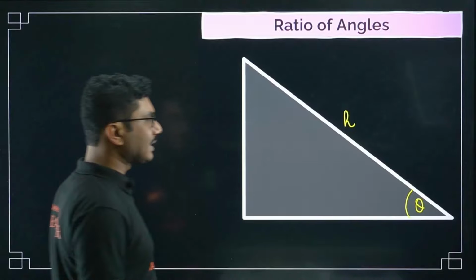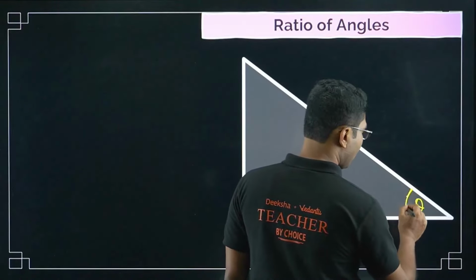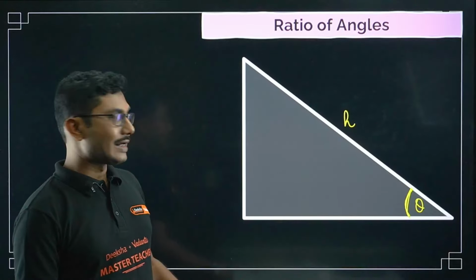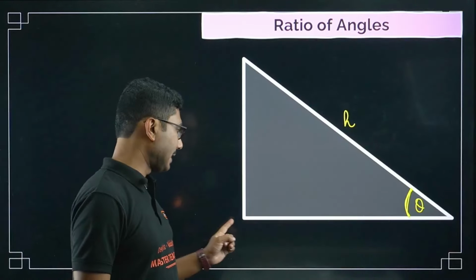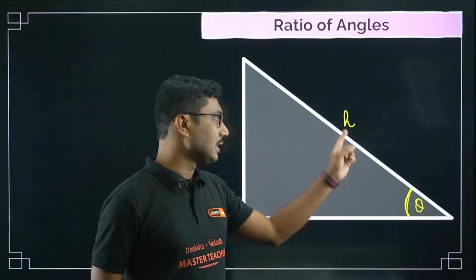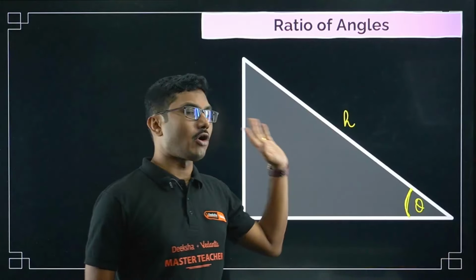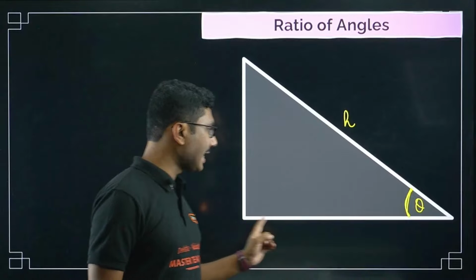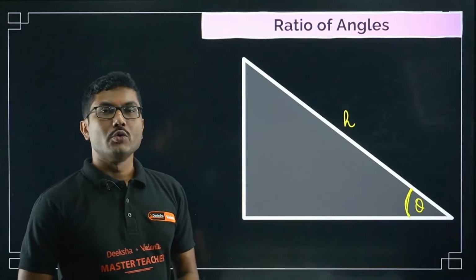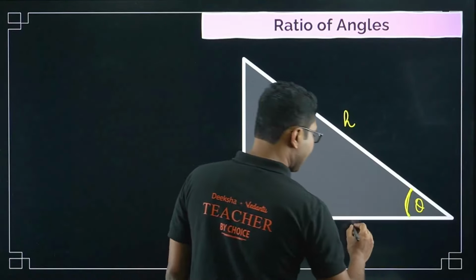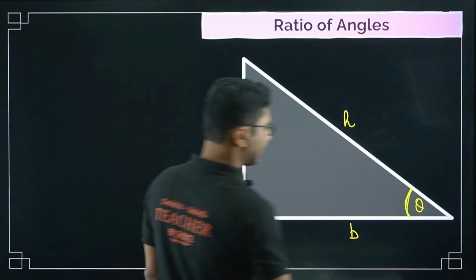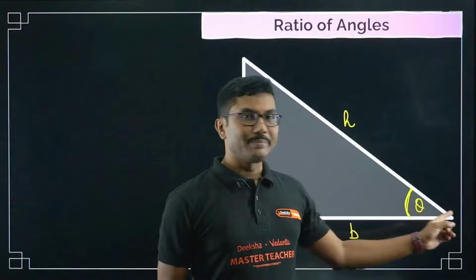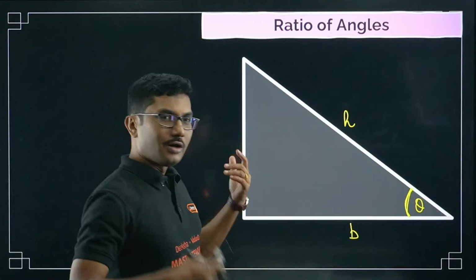So first let us consider this angle is theta. If this angle is theta, the side which is adjacent to this angle theta, adjacent means just next to it, other than hypotenuse. Hypotenuse will always be there. Other than hypotenuse, the side which is adjacent to the angle, we call that side base, B. So what is the difference, sir?